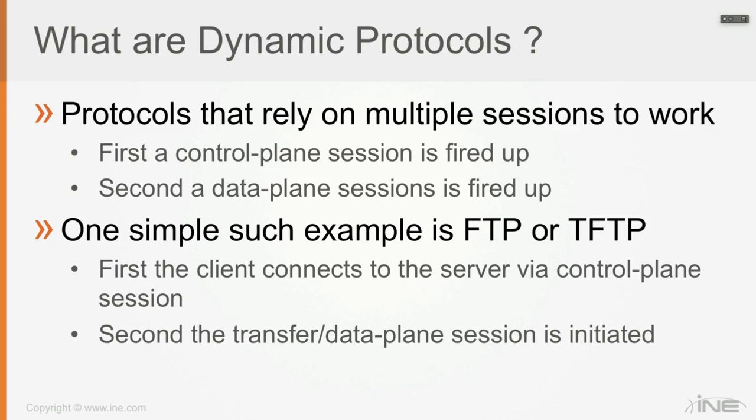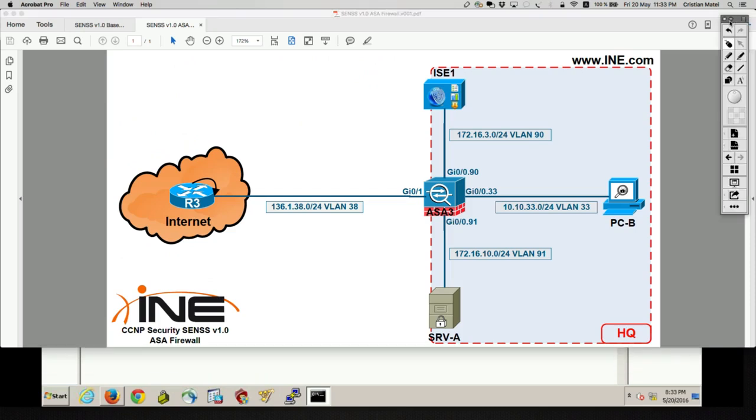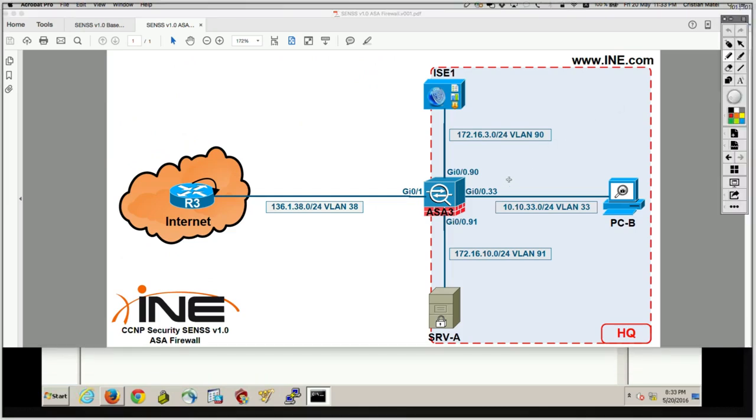So what is the challenge with these protocols, and why do we need the ASA to support and inspect them? For example, currently we have the security levels to be 0 in here and 50 in here.